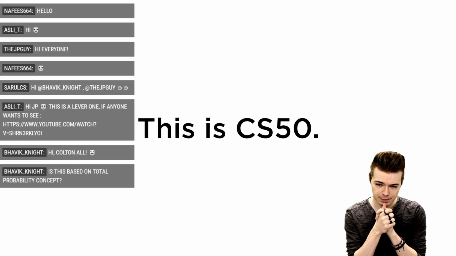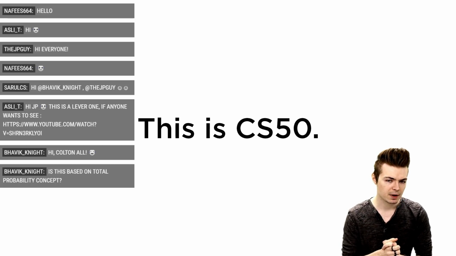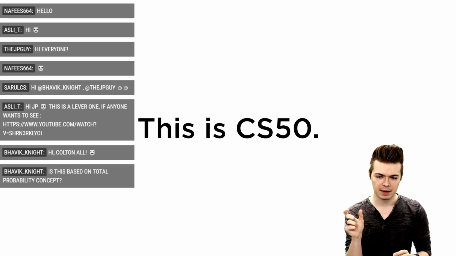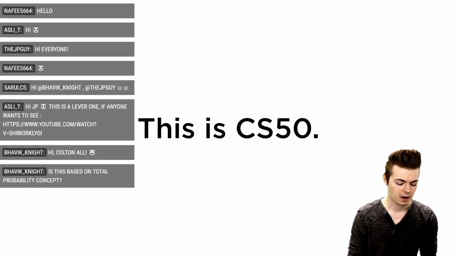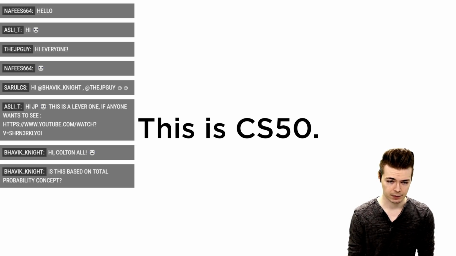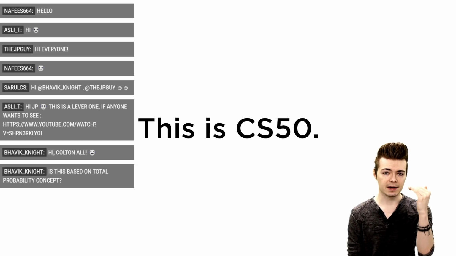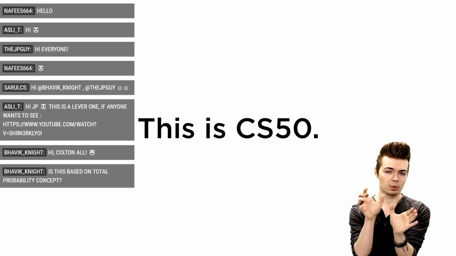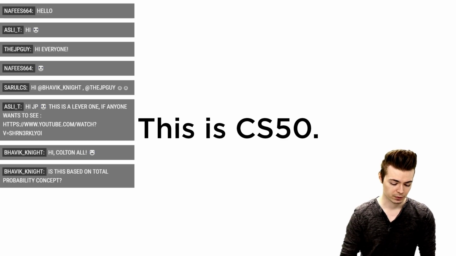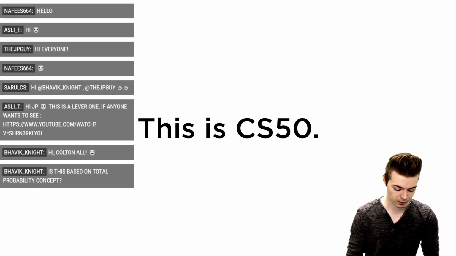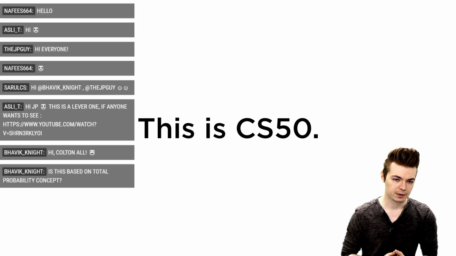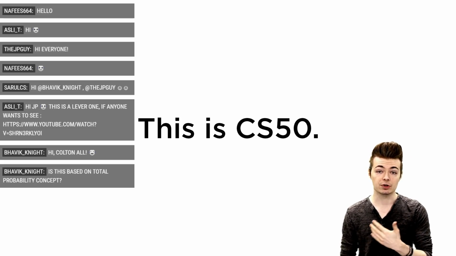BevIgnite asks, is this based on total probability concept? I'm not entirely sure. I'd have to maybe research or Google what that means. Slot machines are based on probability, so by weighting which symbols are in each pool, in each reel on your machine, you do influence the odds. The sevens will usually be very rare.